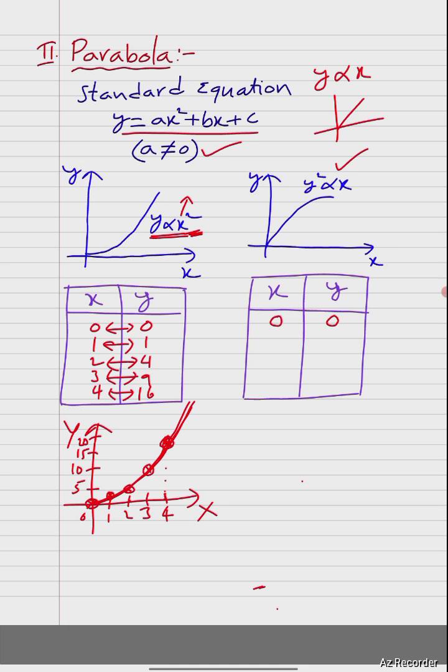If you take y value 0, x value is 0. Take y value 1 and x value is 1 square, which is 1. Take y value 2, now x value is 2 square, which is 4. Now take y value 3, and 3 square is 9. Take y value 4, and 4 square is 16. Plot the graph for this.